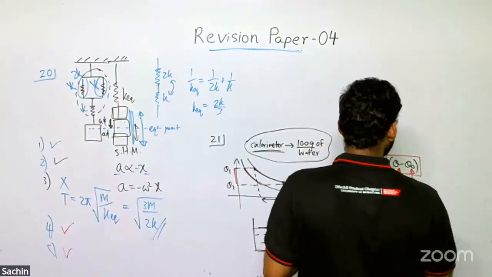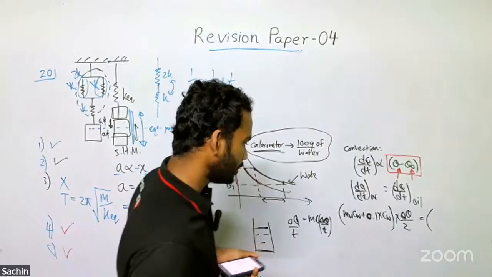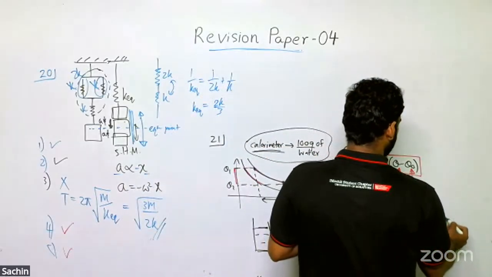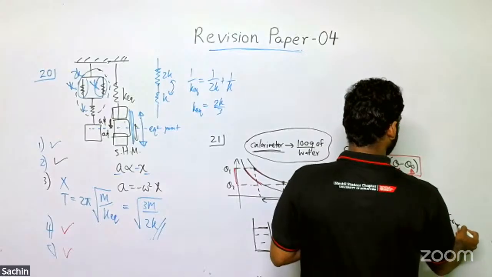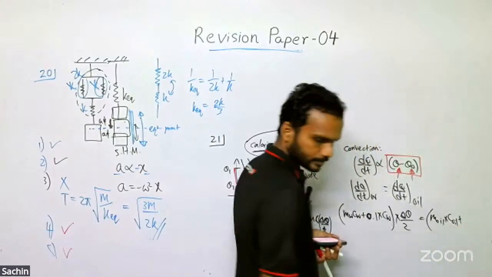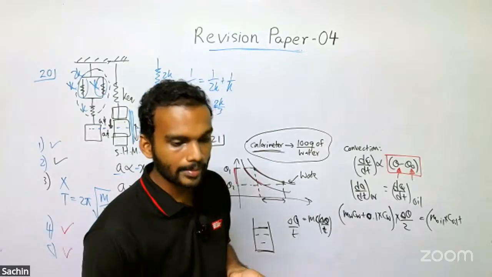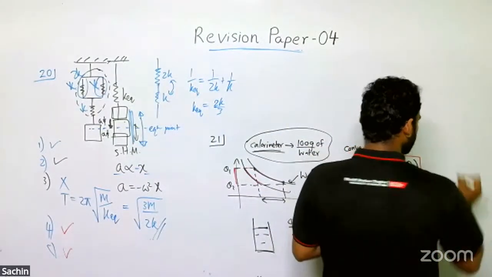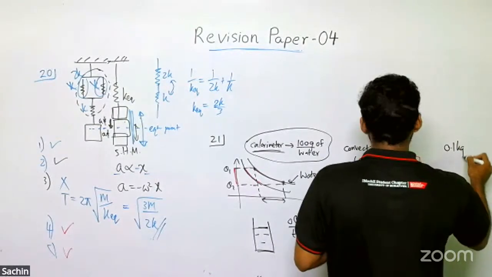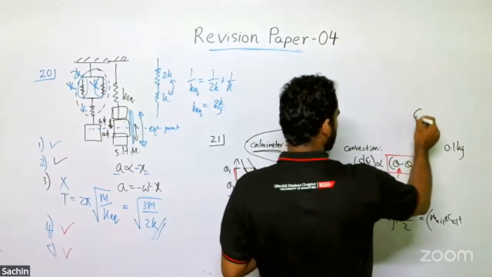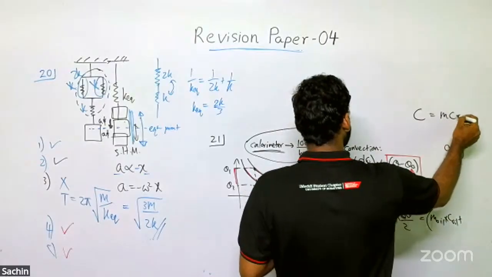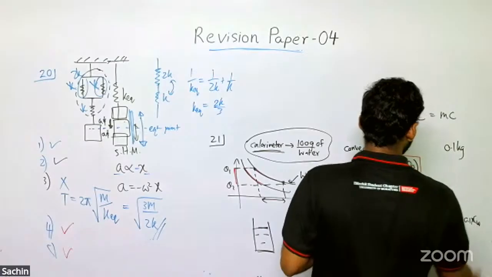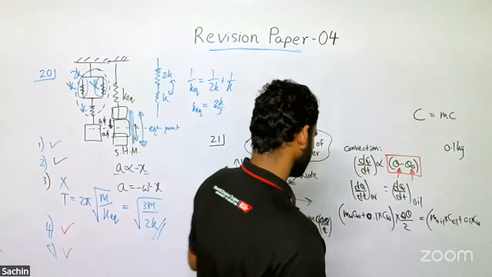This should be equal to the rate of heat loss by oil, which is mass of oil times the capacity of oil, plus again there's the calorimeter. The calorimeter again can be assumed as 100 grams of water, 100 grams means 0.1 kilogram, so the heat capacity is 0.1 times the specific heat capacity of water, right?